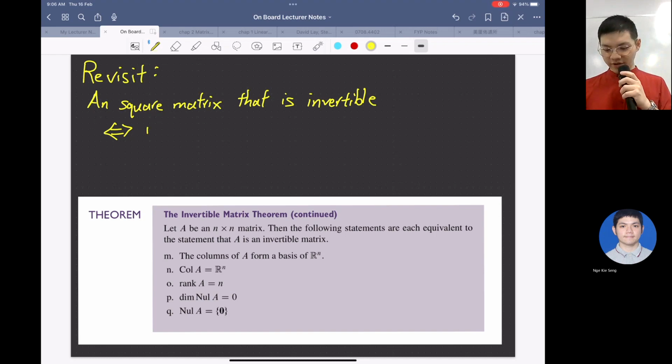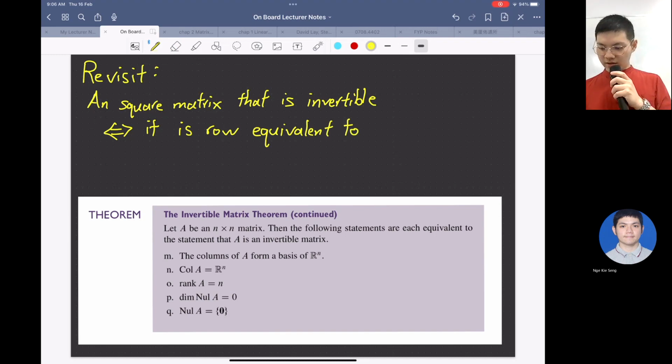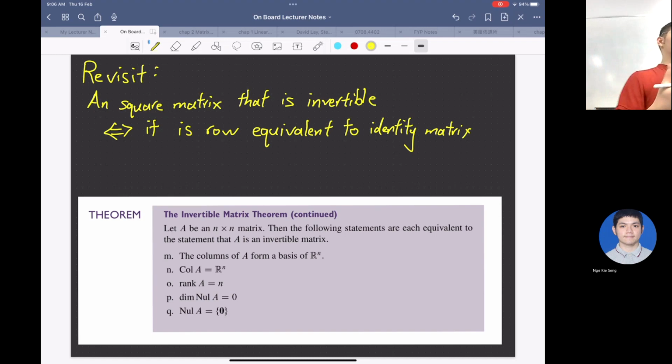Okay. So it is row equivalent to the identity matrix. Okay, so every invertible square matrix can be row reduced to the identity matrix as a RREF, row reduced echelon form, which is an identity matrix.